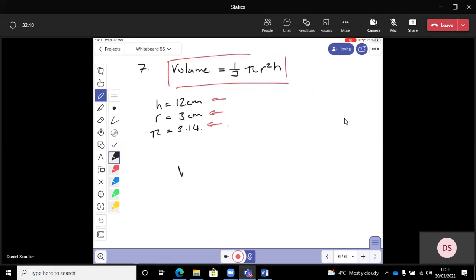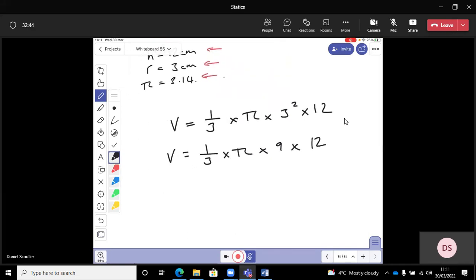So the volume of the cone is equal to 1/3 multiplied by pi multiplied by r squared, which is 3 squared multiplied by 12. I'm just going to tidy up that square. In fact, I should put 3.14 in there.